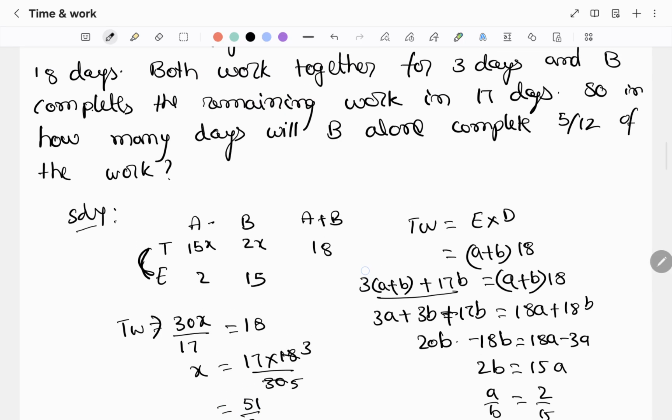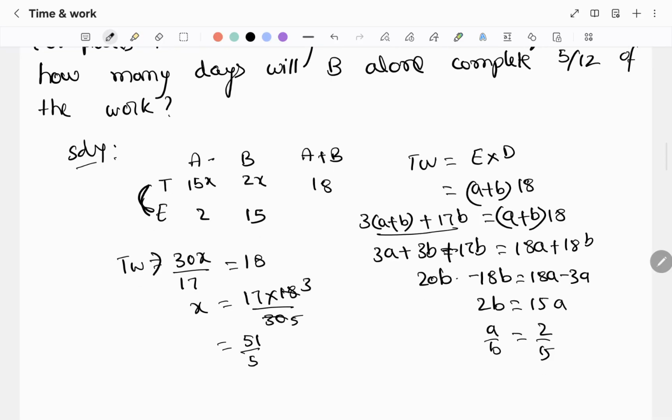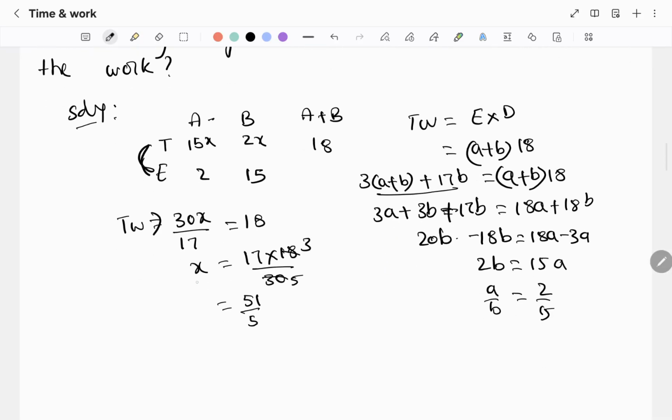But what they're asking is B alone. B's time for the complete work is 2x, so we need to multiply by 2. It will be 102 by 5 days to complete the work. To complete one work it takes 102 by 5 days.